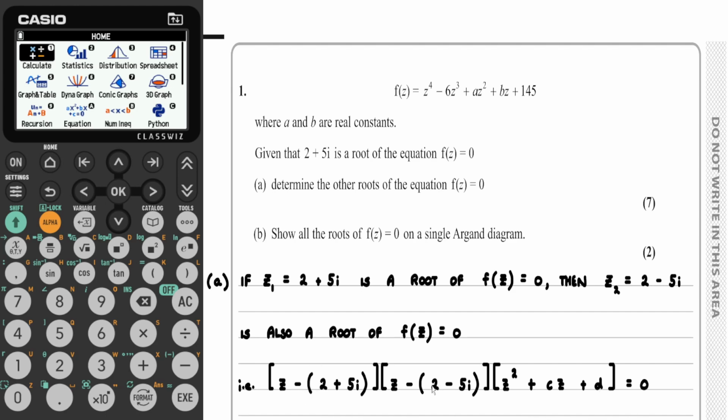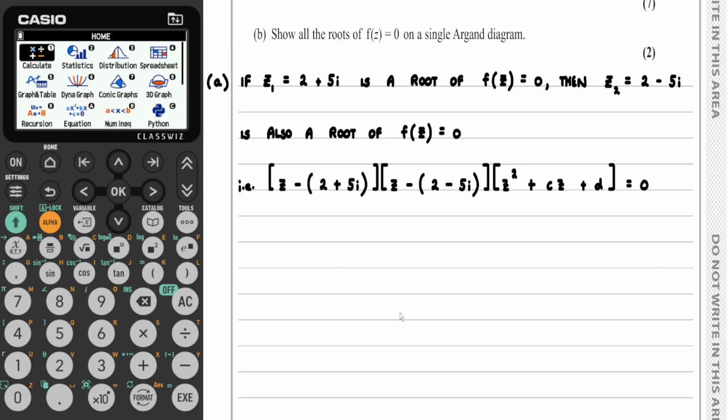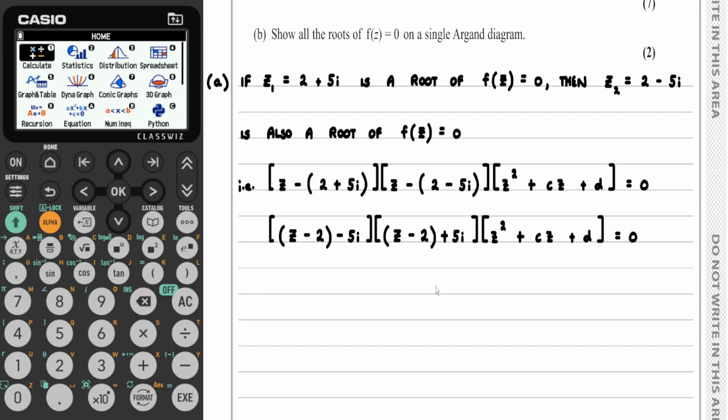We have a quadratic multiplied by another quadratic, which will give us a polynomial of degree 4. So the bracket here we can rewrite as z subtract 2 subtract 5i, and the bracket here we can rewrite as z subtract 2 plus 5i, and we still have z squared plus cz plus d equal to 0.